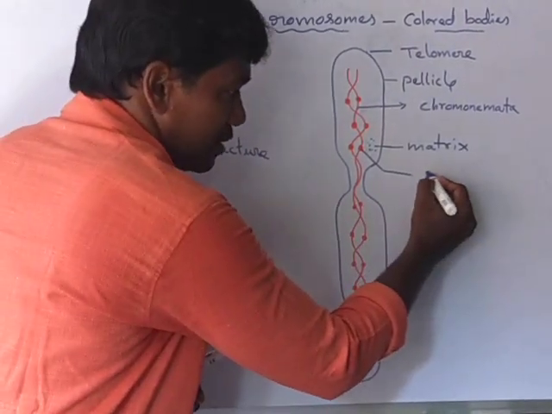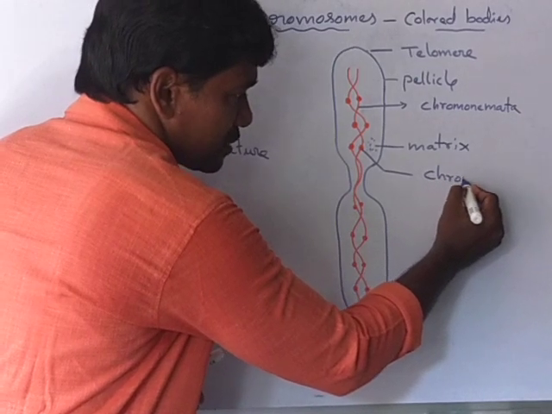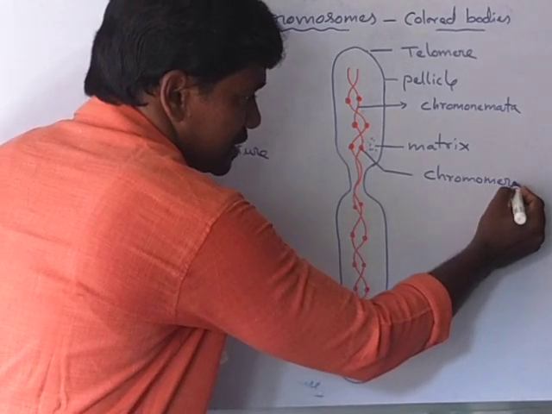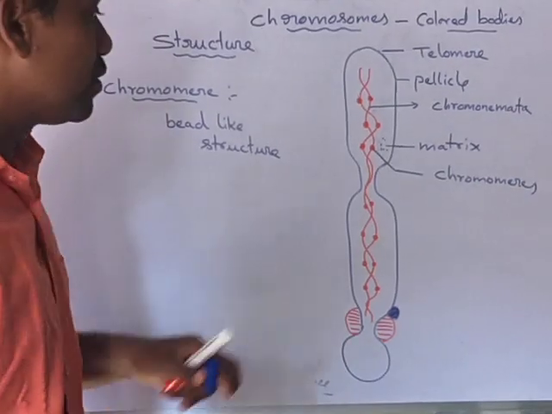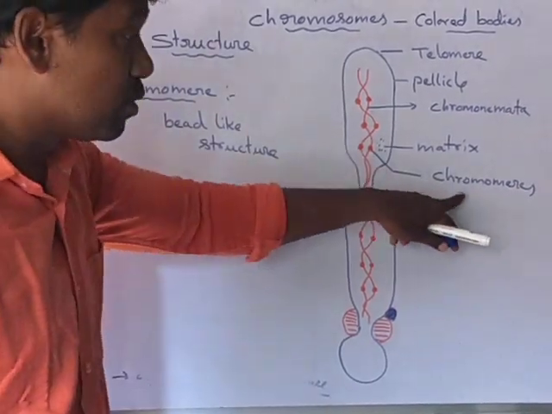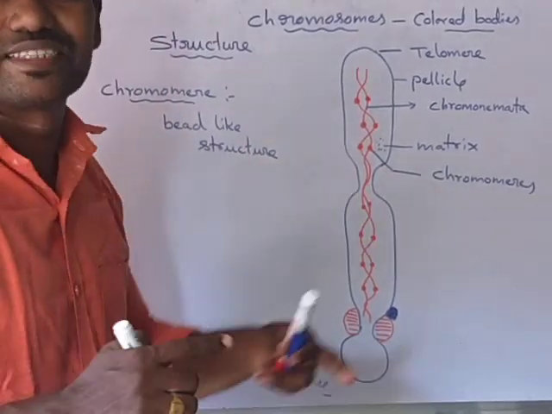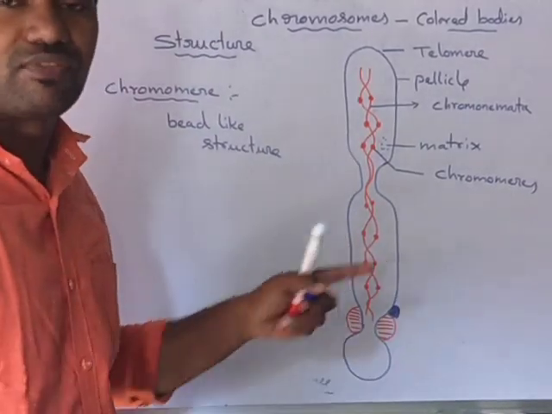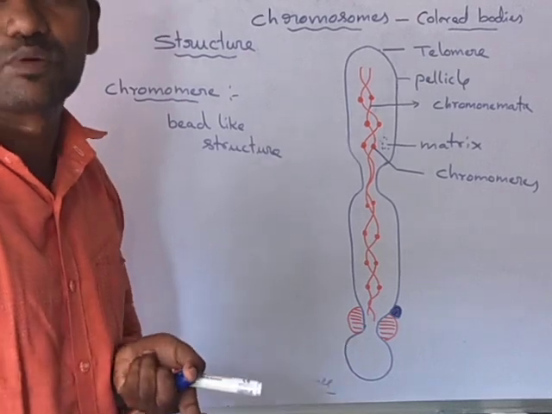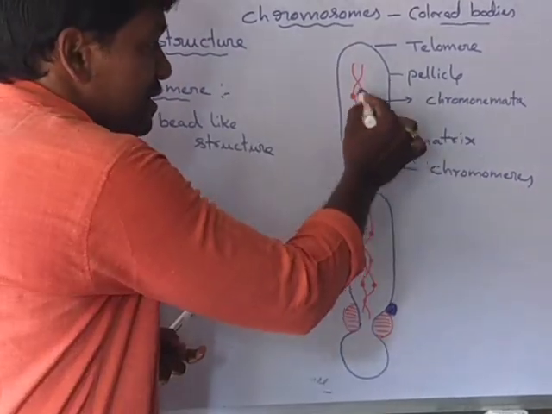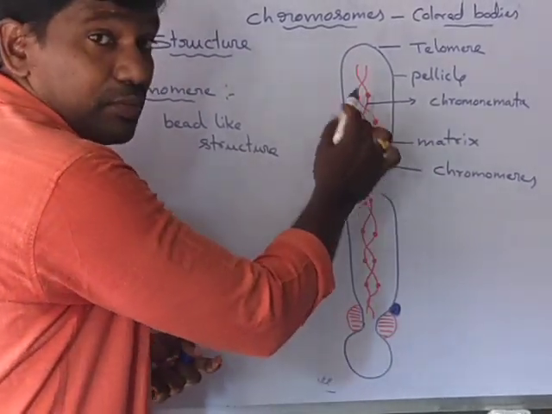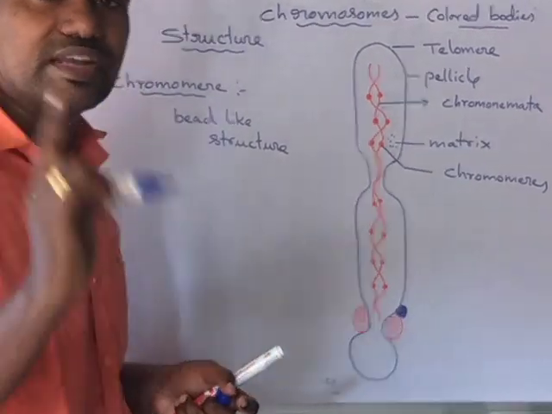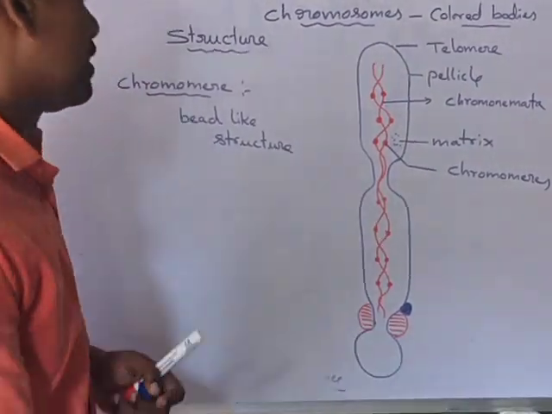These bead-like structures are called chromomeres. They are formed by the condensation of the chromonemata.